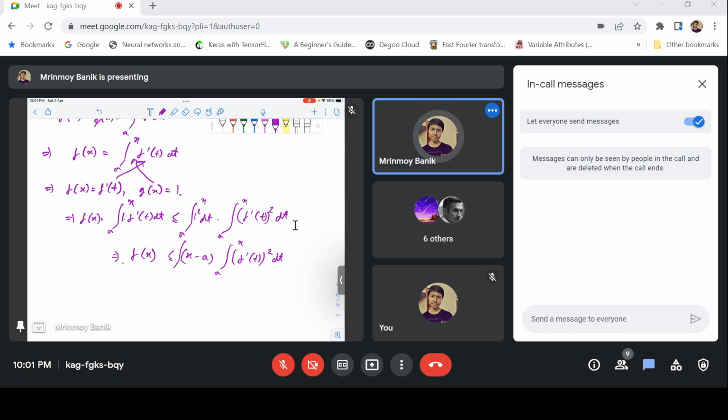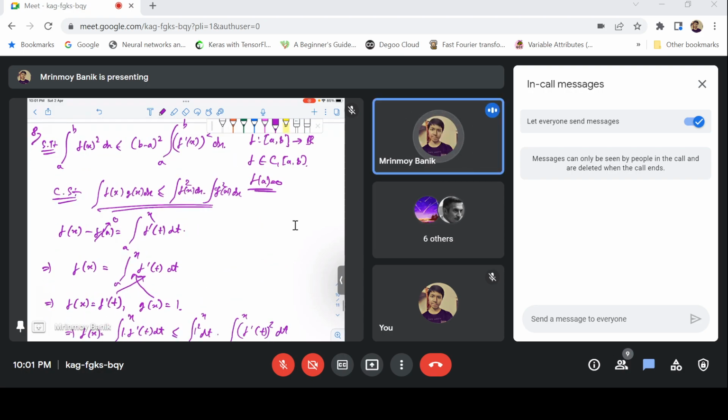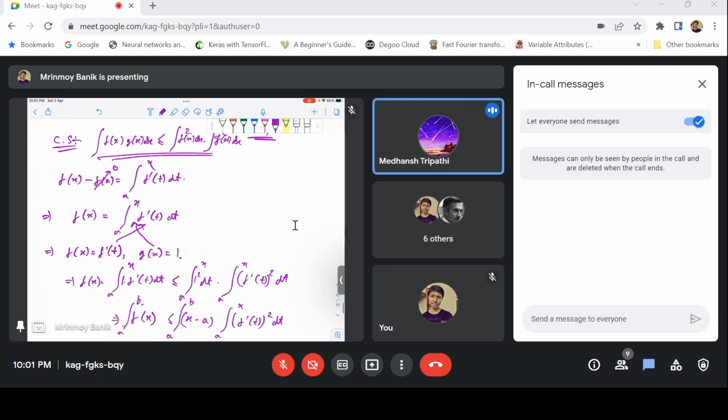Now we can just integrate from a to b. Should we integrate the whole thing? The left-hand side has a square, like in CS. In CS we have the integral of f(x) g(x) whole squared.